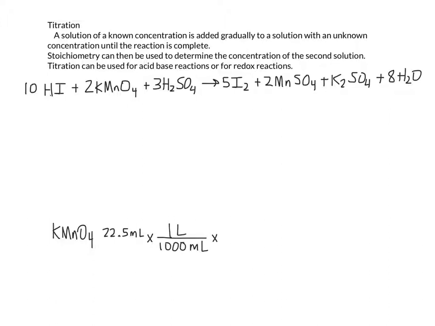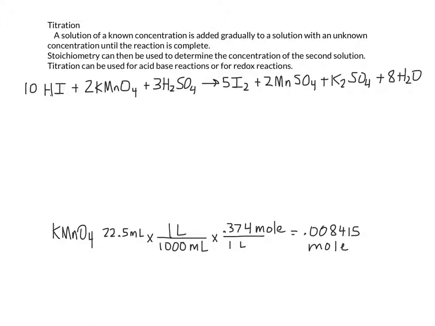And then the concentration of the potassium permanganate that I know in advance is 0.374 molar, which the capital M really just means moles in every 1 liter. So when I take 22.5 divided by 1,000 times 0.374, I get that I have 0.008415 moles of potassium permanganate.